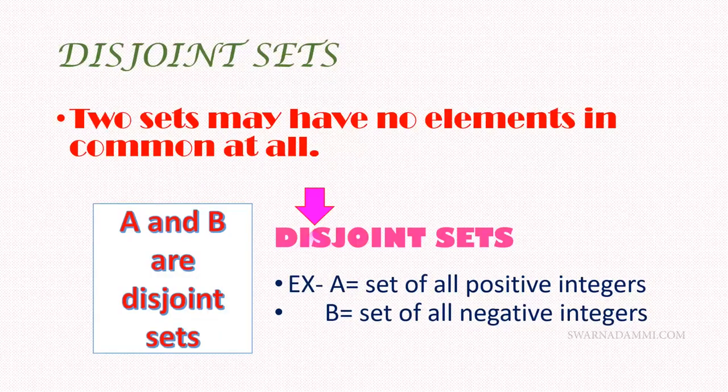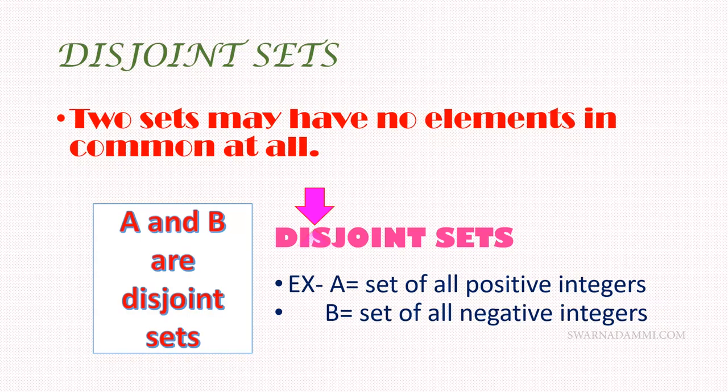What are disjoint sets? Two sets may have no elements in common at all. They are called disjoint sets. See the example given.